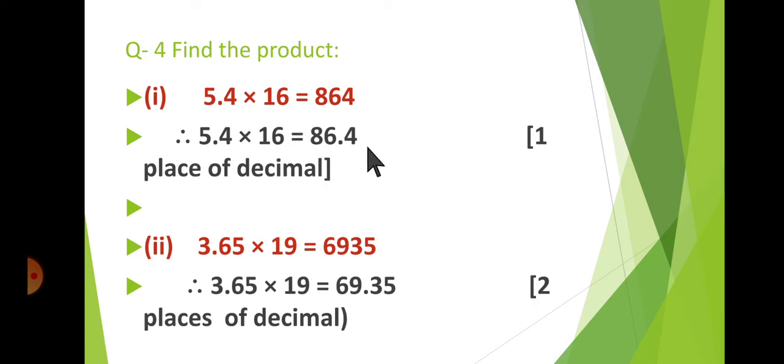So from the left side in the answer you count one digit, then insert the decimal, because the decimal has only one place.